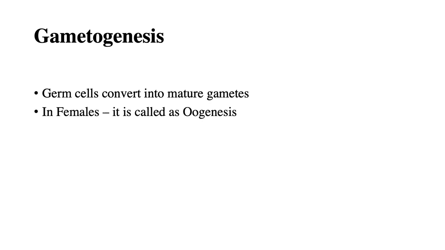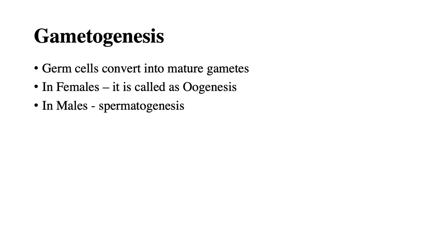So now what actually is gametogenesis? Gametogenesis is a process in which the germ cells convert into mature gametes. For example, in females, gametogenesis is called oogenesis, and in males, the gametogenesis process is called spermatogenesis.